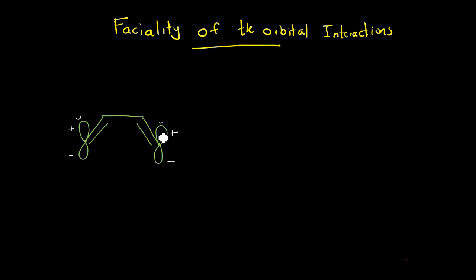This orbital can go to the other segment through this part. So it is going to form the interaction through this part, not from the negative side but from the positive side. The same happens here for this orbital also; the interaction will be formed from the positive side.